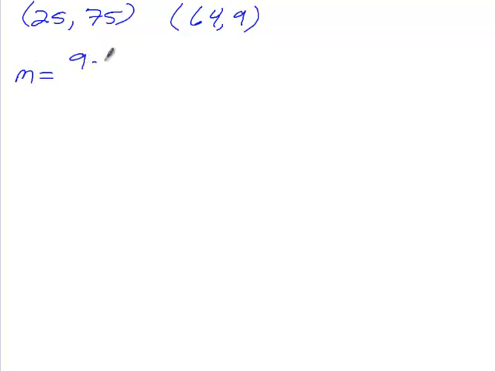So m equals 9 minus 75 all over 64 minus 25, which gets me negative 64 over 39. Can 64 over 39 get smaller? No. Nope. That's it.